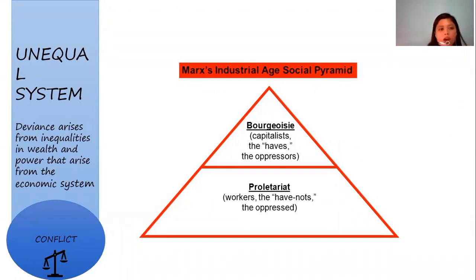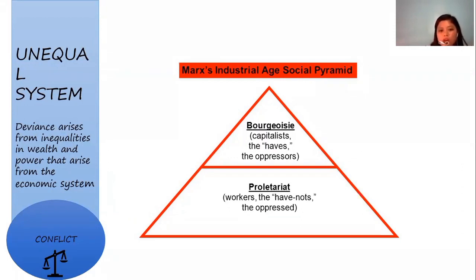So here we have unequal system. Unequal system is proposed by Karl Marx. Karl Marx is very well known for his concept of capitalism. In this theory, it sees that the general population is divided into two groups. We have the bourgeois and the proletariat.